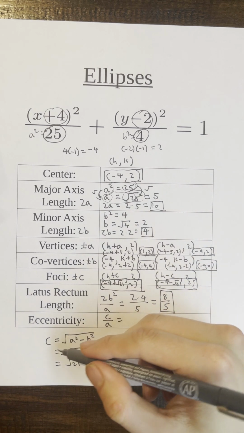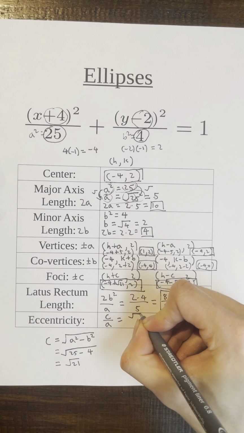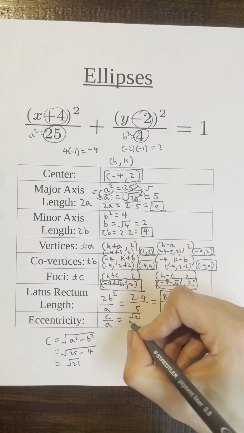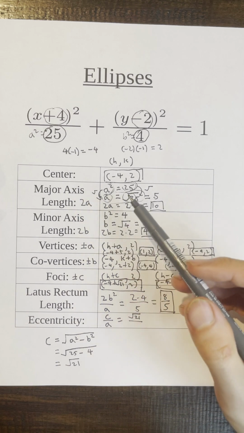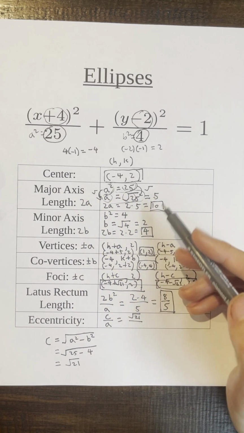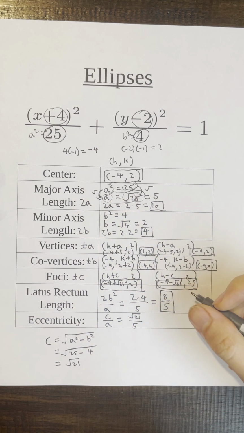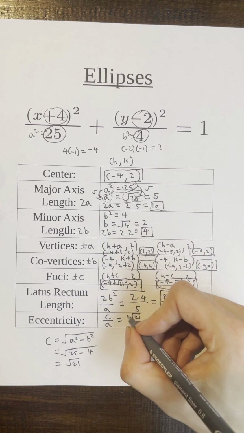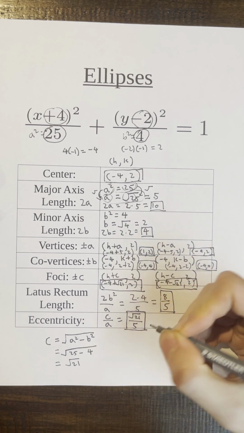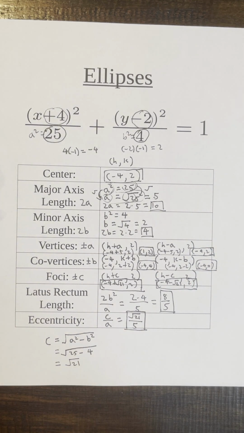Okay, so c is root 21. And a, if you forget a, just go back to the major axis length and look for it. Is there anything we can cancel here? Nope. Okay, so this is your answer.